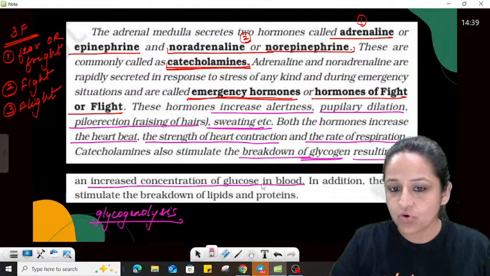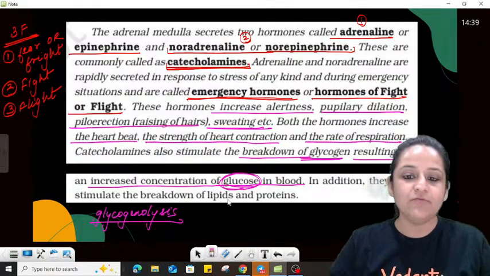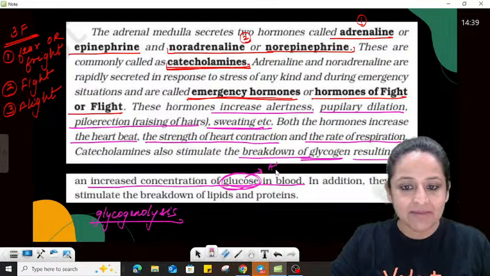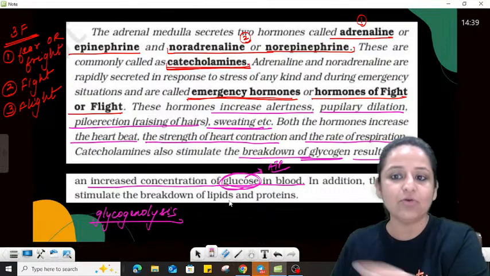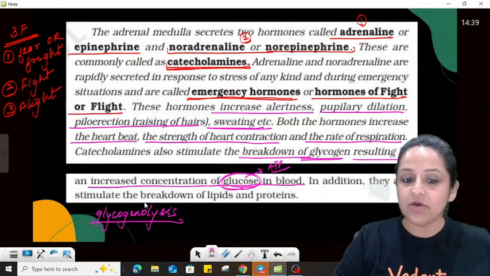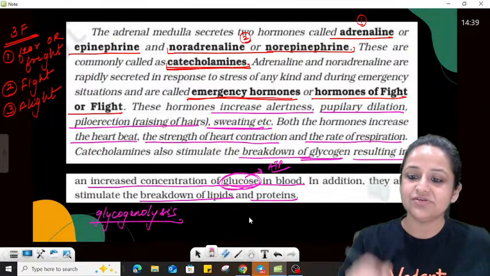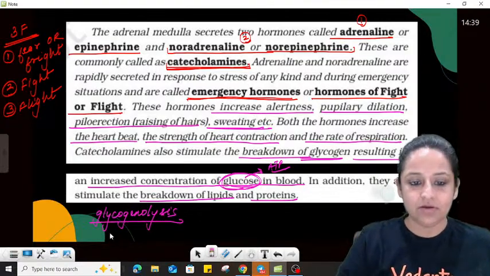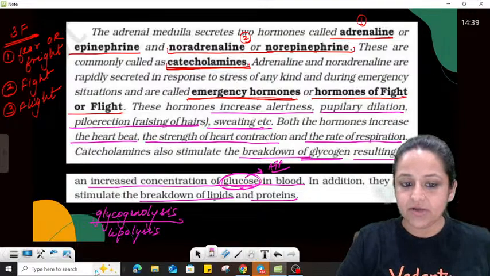Why is more and more glucose required in the blood? Because from glucose only we are going to form ATP, we are going to form energy. So any method with which we can produce more glucose in the blood, all of that starts. For example, breakdown of lipids, lipolysis, and breakdown of proteins, proteolysis. I am writing here: lipolysis, breakdown of lipids, proteolysis, breakdown of proteins.